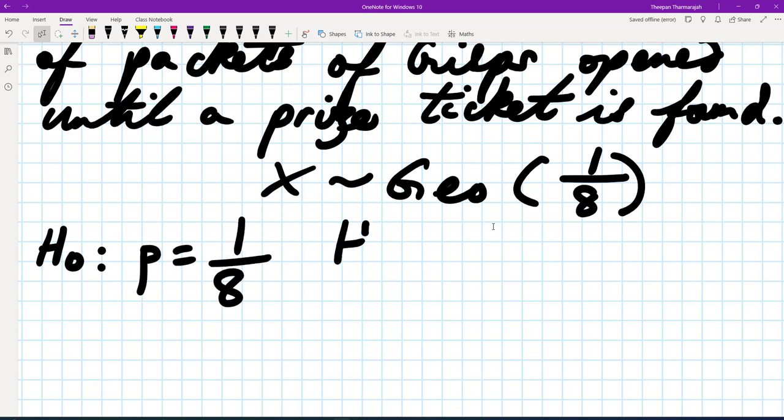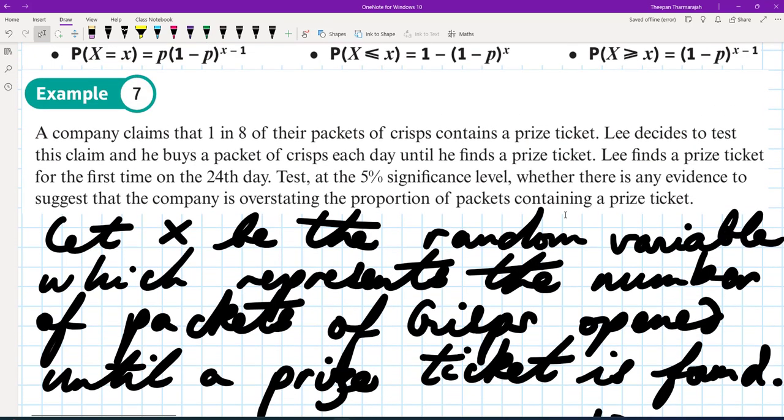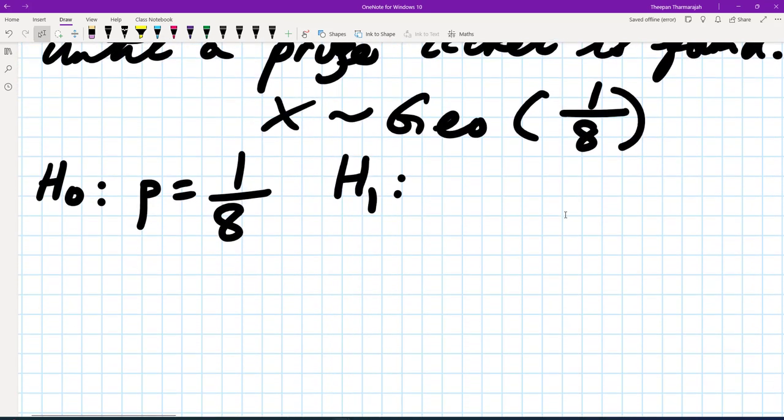Now go back to the question to see what they're claiming. The company is overstating the proportion of the packets with prize tickets, meaning they're overly stating the number of prize tickets obtained.